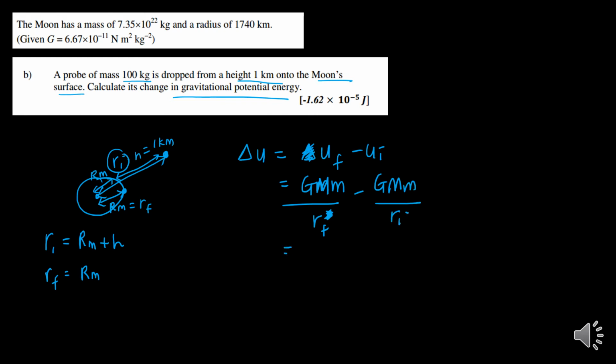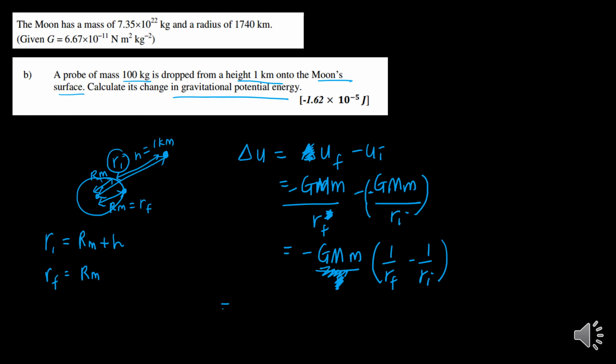I forgot to substitute the negative here. Actually we have negative here because the formula is negative. So it becomes negative GMm times 1 over R final minus 1 over R initial. So this is the formula that can be used to determine the change in gravitational potential energy.